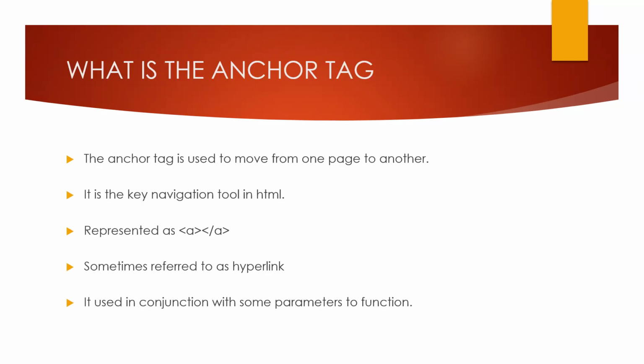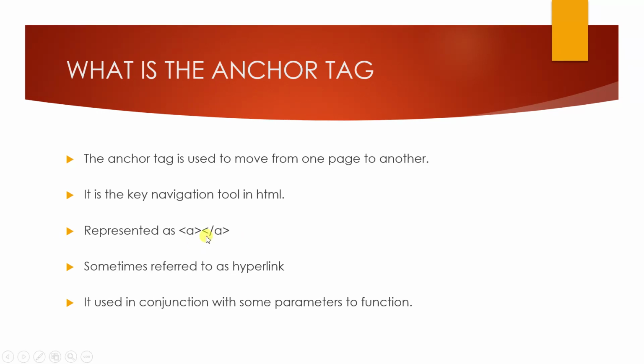Then what is the anchor tag? The anchor tag is used to move from one page to another. So when I want to move from one page to another, I use the anchor tag. Maybe I'm at the home page and I want to go to the services page, I need to use the anchor tag to perform this action. It is the key navigation tool in HTML, so it's very important, and it's represented as the A tag here.